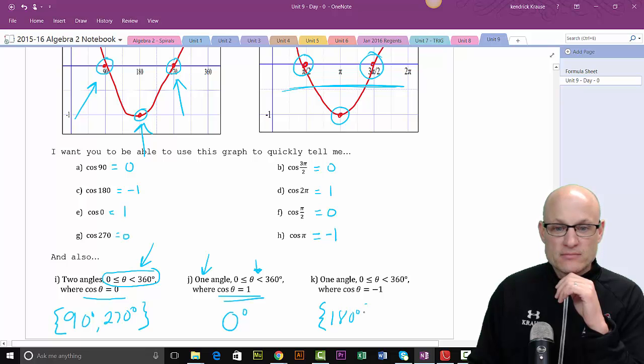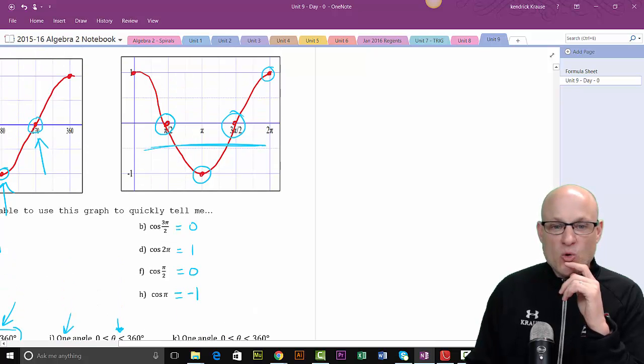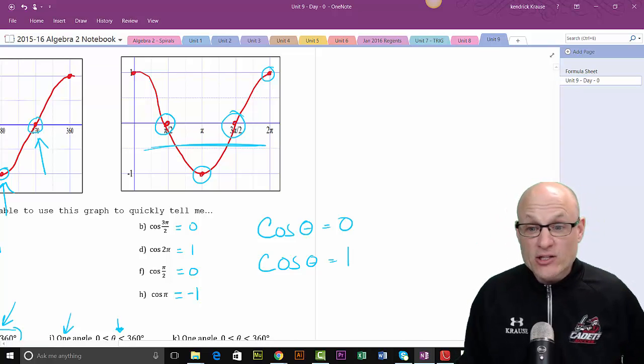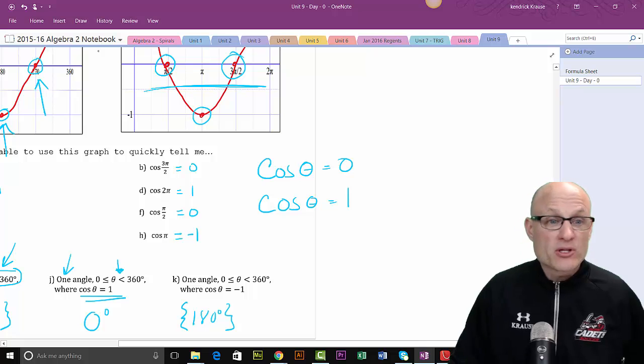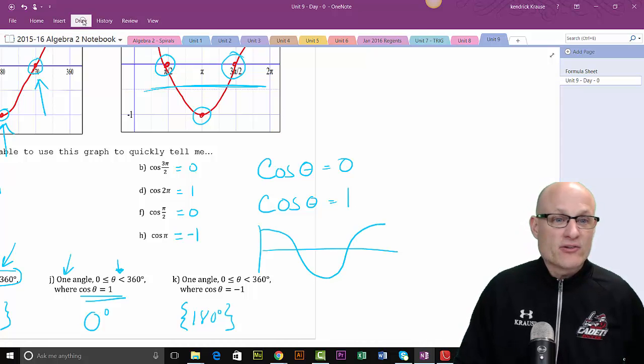So the last thing I want to remind you is when we're solving equations and we end up getting cosine of theta equals 0 or cosine of theta equals 1, with the sine curve I asked you to graph the curve, get an idea what it's looking like. We're going to do the same thing with the cosine curve. We're going to say, okay, let's graph the cosine curve. And it's got 5 areas that we're going to talk about.